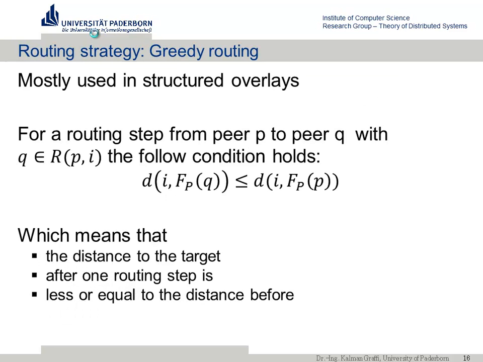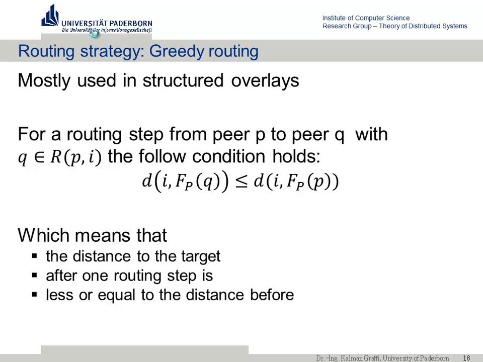One greedy routing strategy is very simple. You will also see what structured overlays are. It is the requirement that with every routing step, the distance to the desired identifier, to the desired content that you are looking for, decreases.